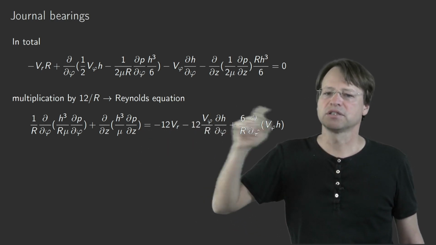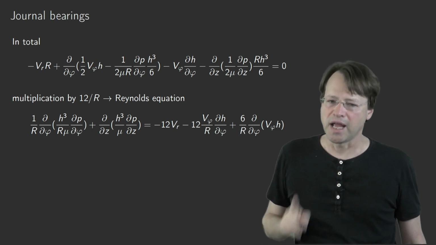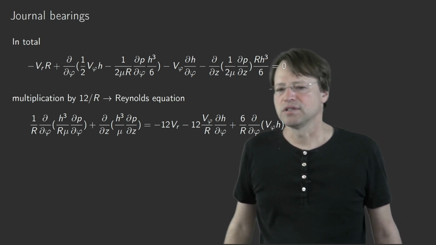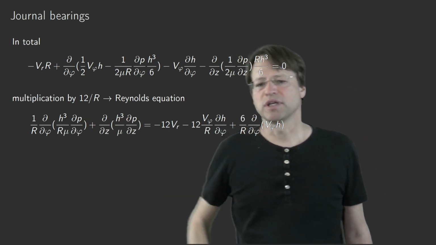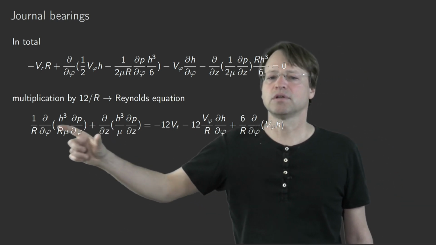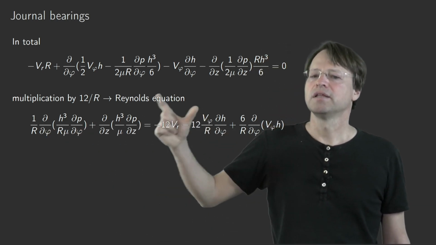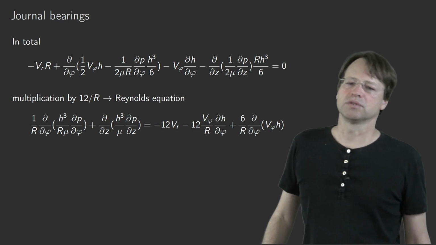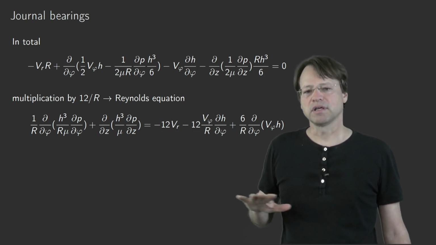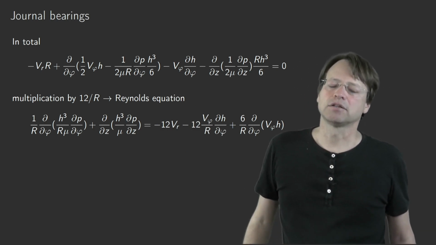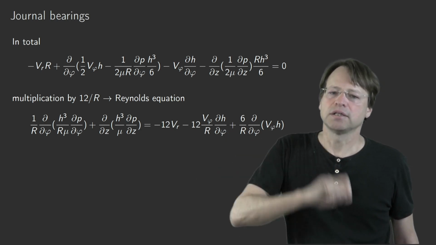The pressure by itself is linearly included. And the derivatives are perfectly separated. We have one term with derivatives with respect to phi, the other term with respect to z. Everything is nice there. What's yet not that nice is the right-hand side.